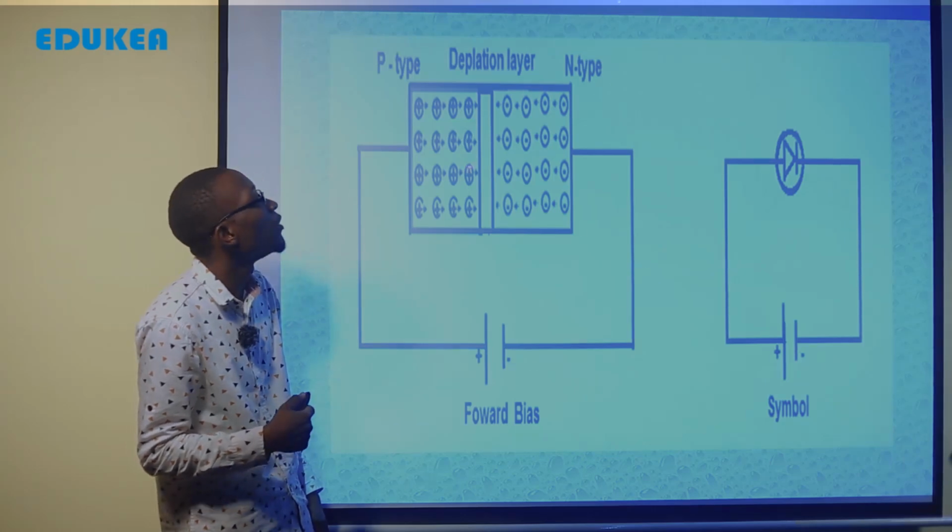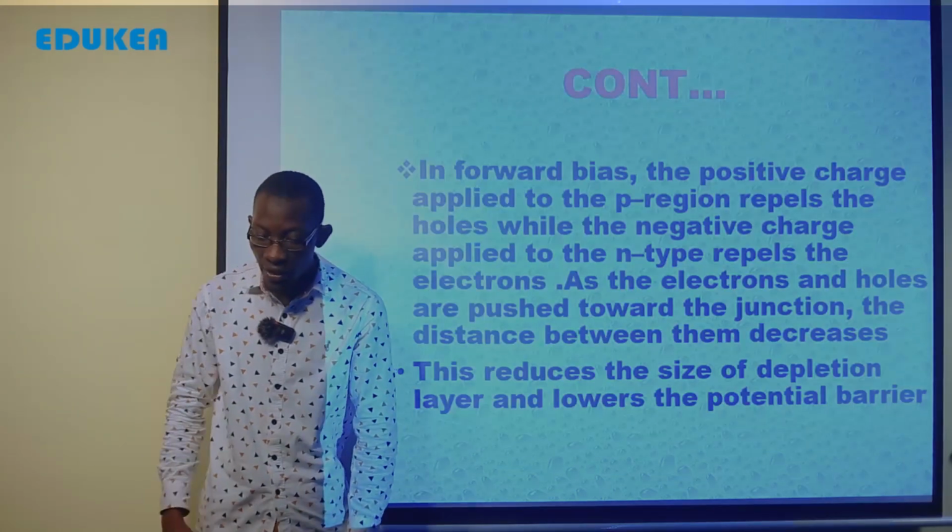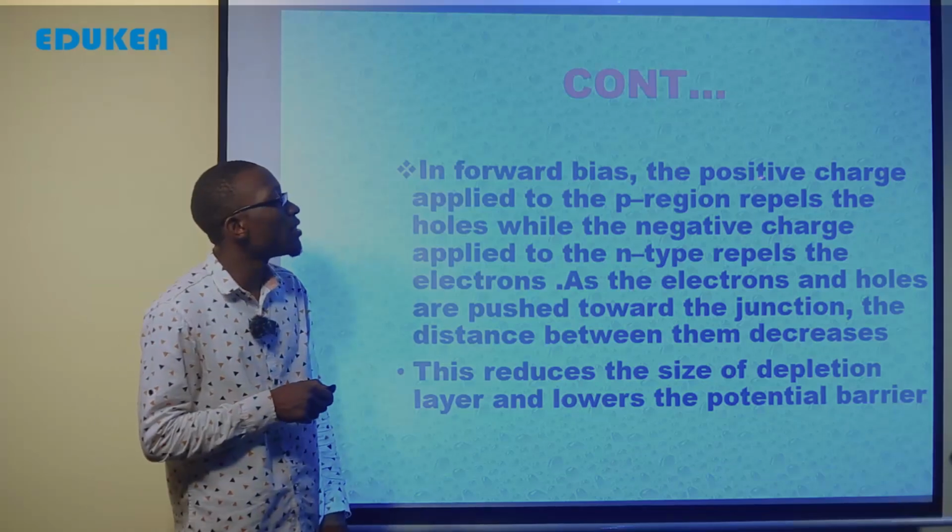Okay? In forward bias, the positive charge applied to the P region repels holes.